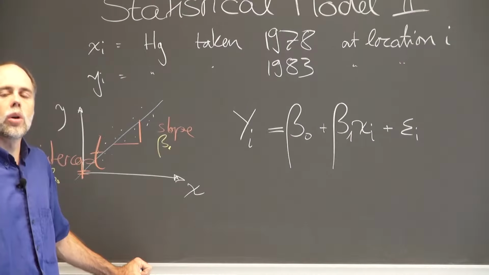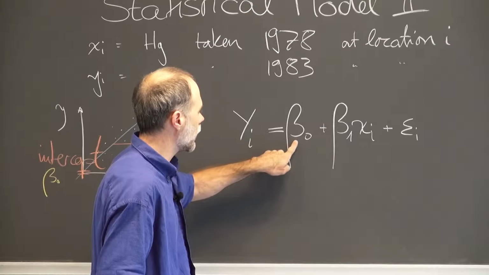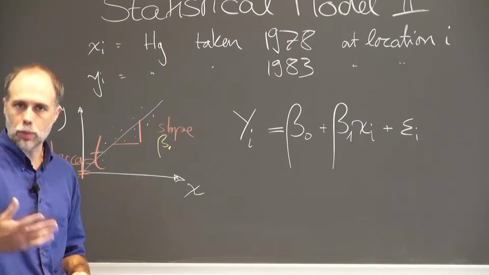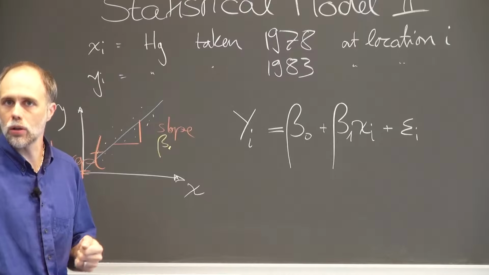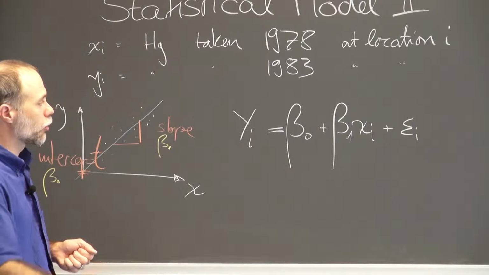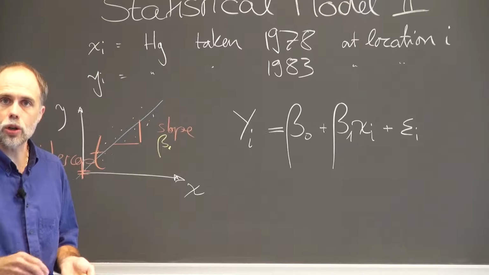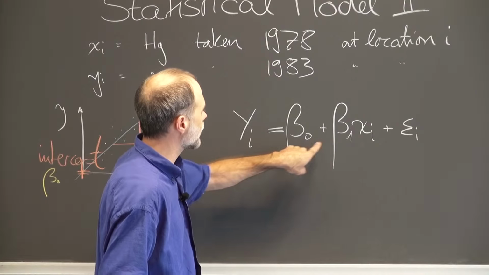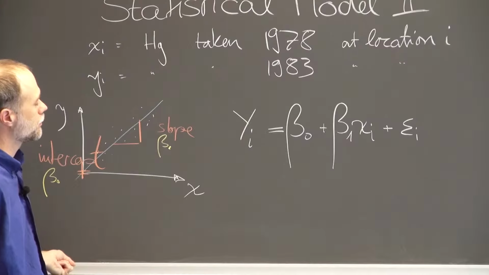I will not go into all the details of how to actually get my best values for beta naught and beta 1 given the data. That is part of a formal statistical course, module, lecture, several lectures possibly, and is deferred to elsewhere. What we'll do in short is use R to give me the best guess values for those two parameters.